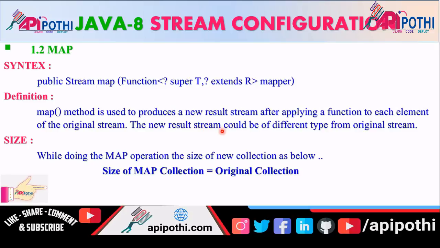The new result stream could be a different type from the original stream, but the number of values is not different. So one more fact is that the size of the map result, meaning the data coming from the stream after the map operation, is the same as the original collection. The size can't be changed since we are not doing any alteration, okay.